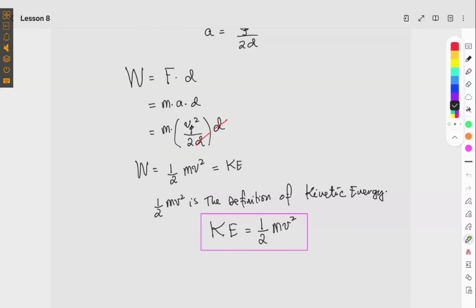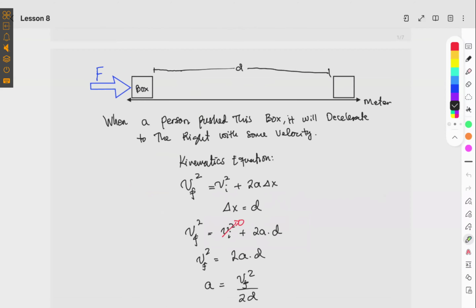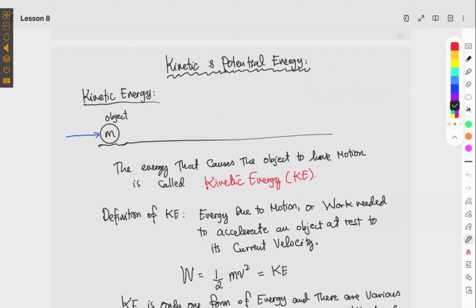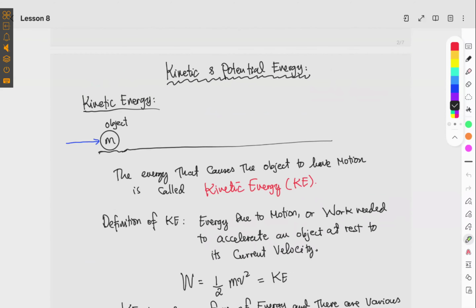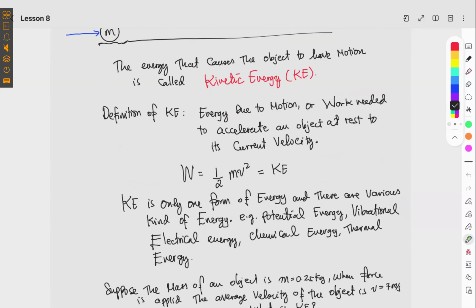So what is kinetic energy? It is energy that causes the object to have motion, and that is what you call kinetic energy. The formal definition of kinetic energy is energy due to motion, or the work needed to accelerate an object at rest to its current velocity.